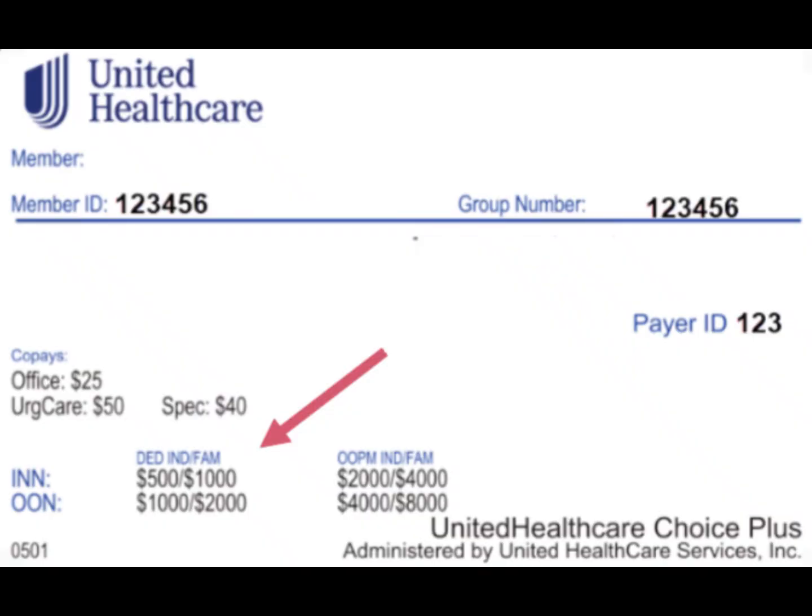Let's scoot down and take a look at the deductible. A deductible is the amount of money that you need to pay before your insurance benefits will kick in. So in other words, I go in and I hurt my hand, and I go in to see my doctor, my general practitioner, my PCP.